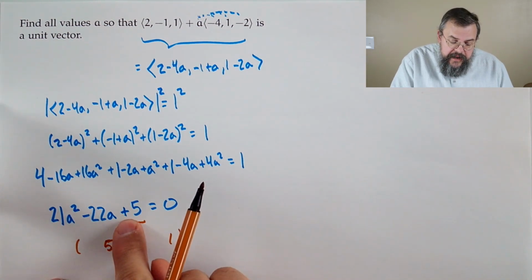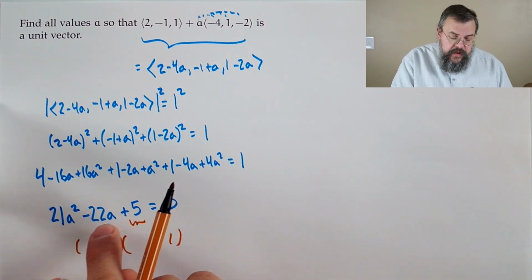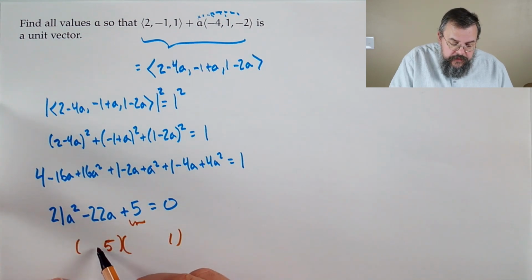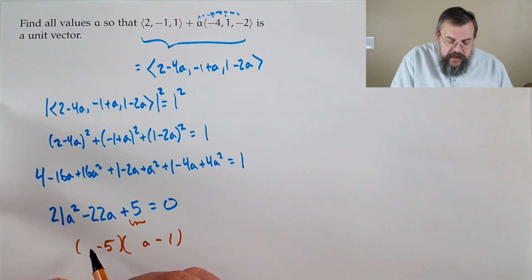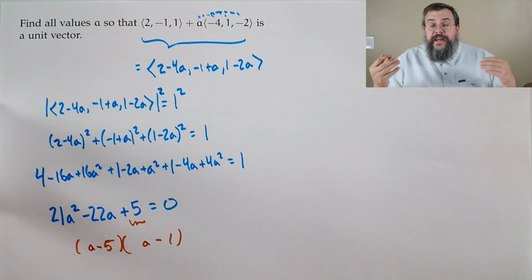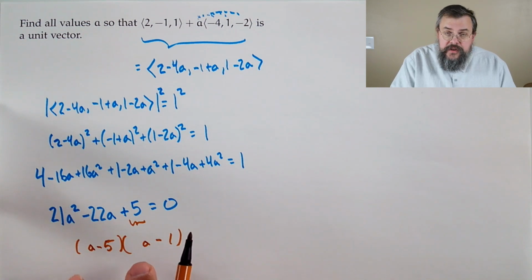Because this is being added, they both have to have the same sign, and because that's a minus, we have to have a -5 and a -1. And then we have to have an a and an a. The only thing that we don't know is the coefficients.